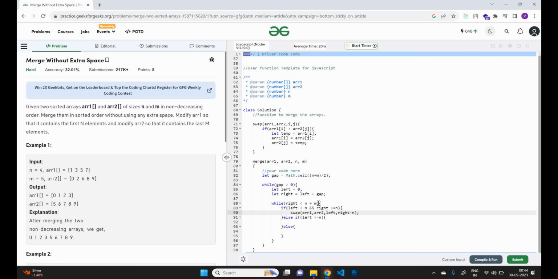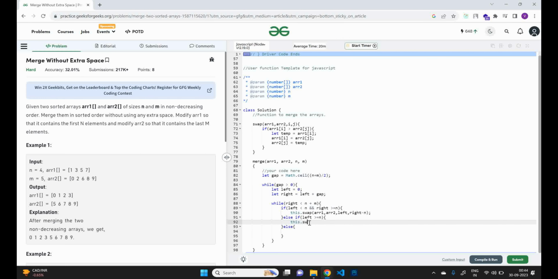So for the second array, we need to subtract n so that we choose the correct index. Also make sure to use this, because this is a class in JavaScript, and any function in a class you have to call using this.